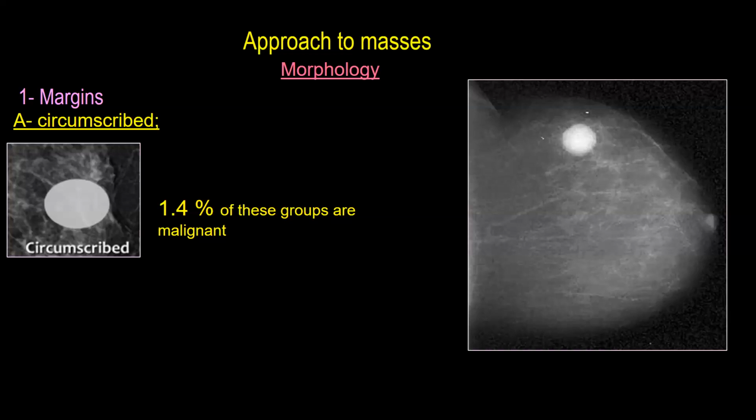We mentioned that circumscribed is not 100% benign. Exactly around 1.4% of circumscribed margin mammographic masses can be malignant.